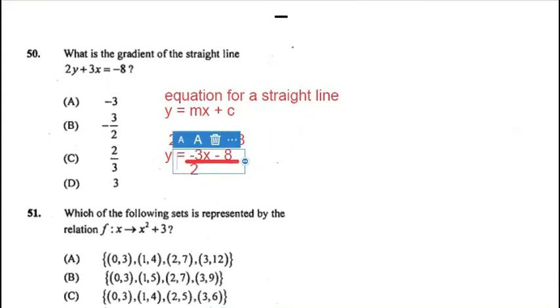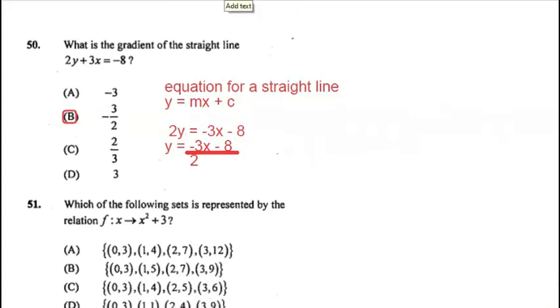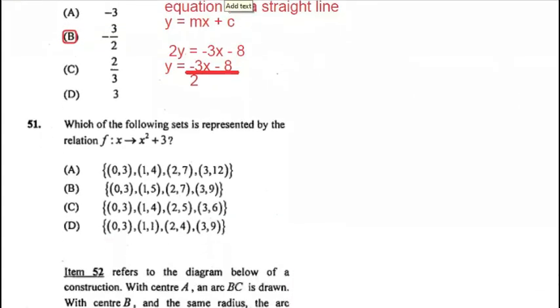So it is minus 3x upon 2 minus 8 upon 2, and therefore the gradient is minus 3 upon 2, as we see where m is representative of the gradient, as I explained earlier above in a question that included the equation of a straight line.